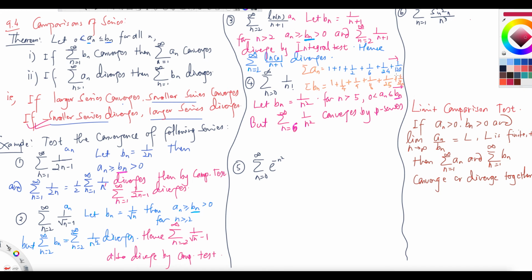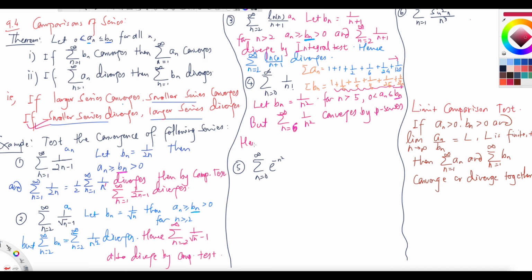Meaning that the bigger series will have a finite sum, because for the first 5 terms, this is a finite number, and after the fifth term, the bigger series will have a finite number too. So the total sum of the bigger series is finite, meaning the bigger series converges.